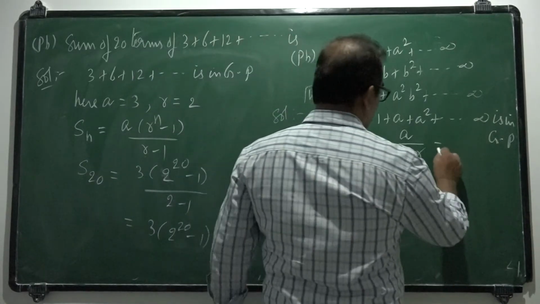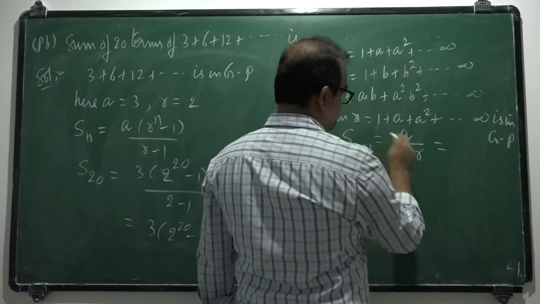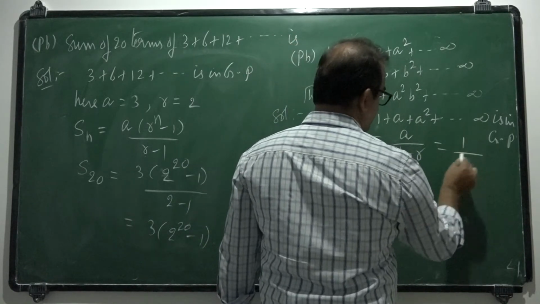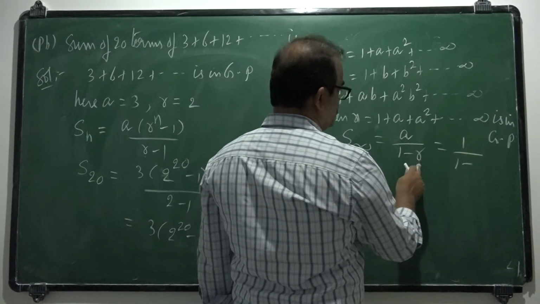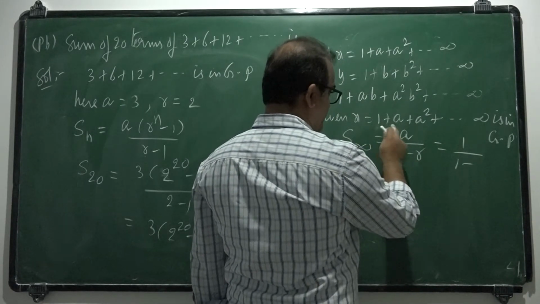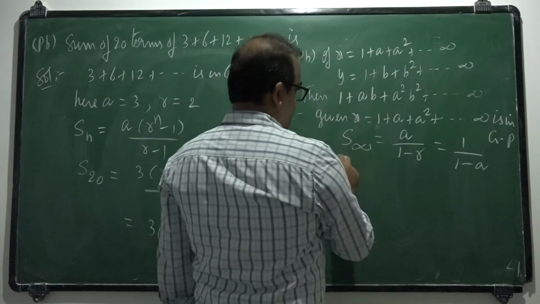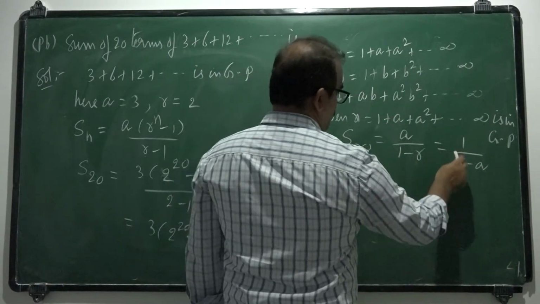Here, see what is the a value? A means first term. First term is 1 by 1 minus common ratio. What is the common ratio? A. So x is equal to 1 by 1 minus a.